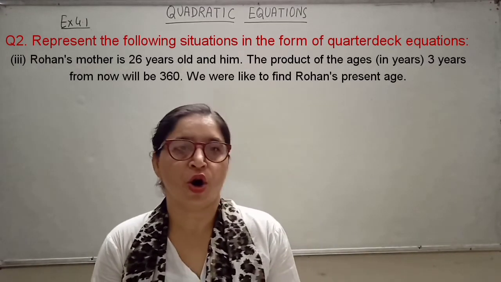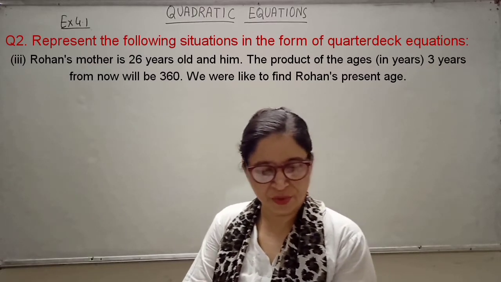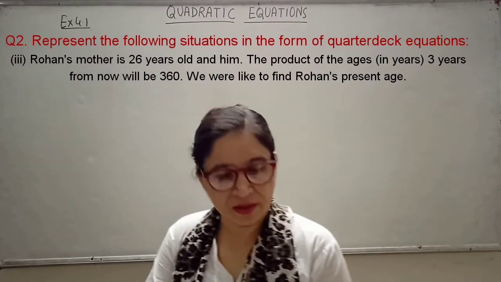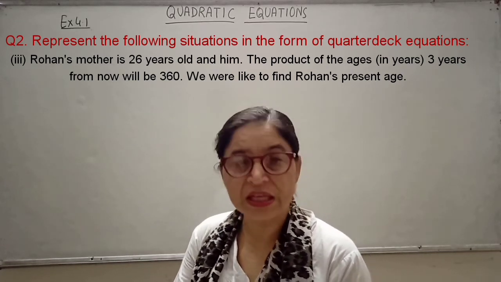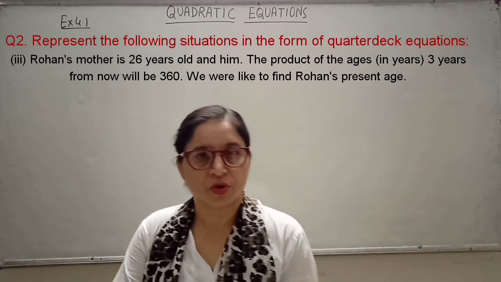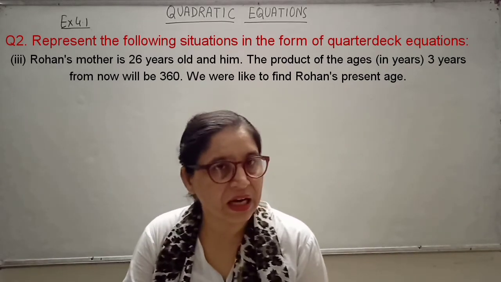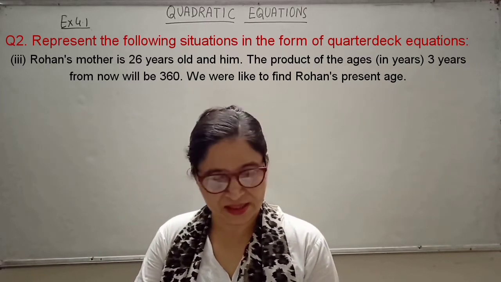Now part 3 of question number 2. What is the situation given to us? That Rohan's mother is 26 years older than him. तो यानी अगर हमने रोहन की एज को x लिया तो रोहन की मदर की एज कितनी हो जाएगी? x plus 26 years.